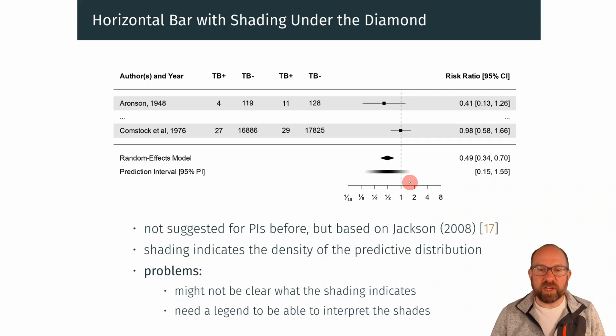This has not been suggested before, although Jackson suggested in another context to use shading to indicate confidence intervals. The problem with this is that it may not be clear to every reader what the shading indicates, and technically we would need a legend to be able to interpret the actual values corresponding to these shades of gray.